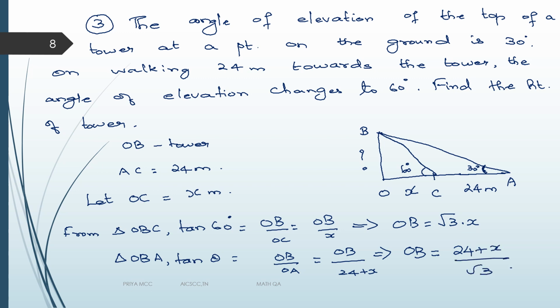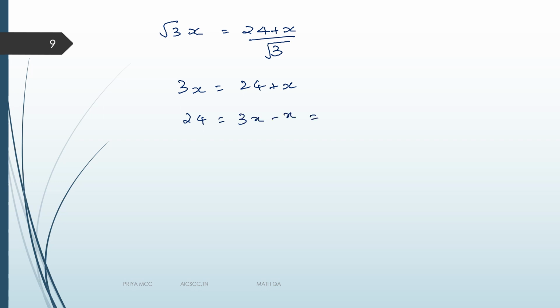Naturally, from these two equations, we have root 3 X is equal to 24 plus X by root 3, or 3X is equal to 24 plus X, or 24 is equal to 3X minus X, which is 2X.